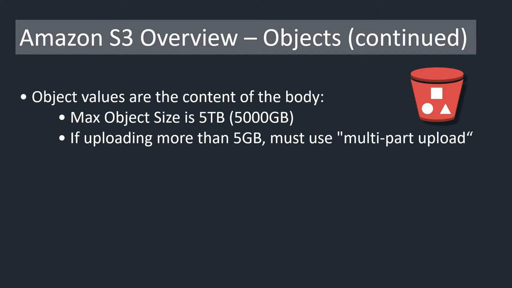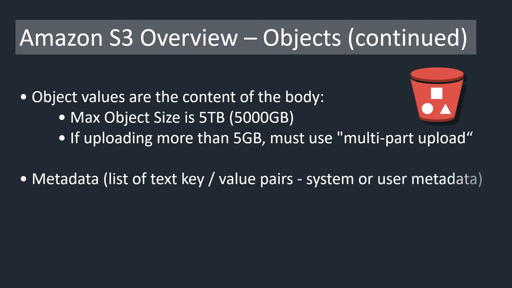Now, each object in Amazon S3 can have metadata. It is a list of key value pairs that could be system or user metadata, and this is to add information onto your objects.